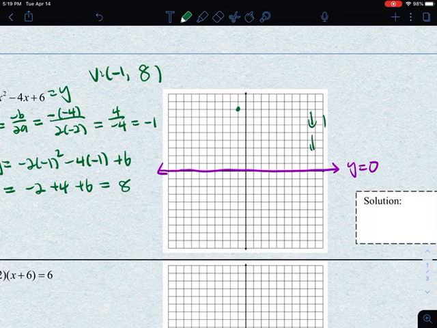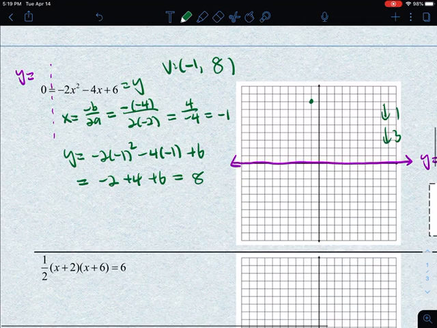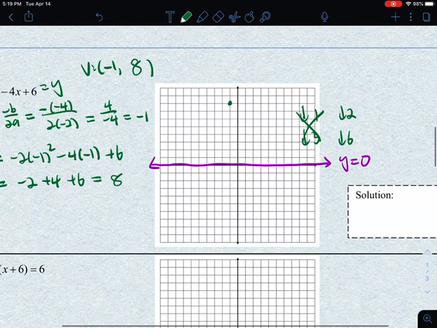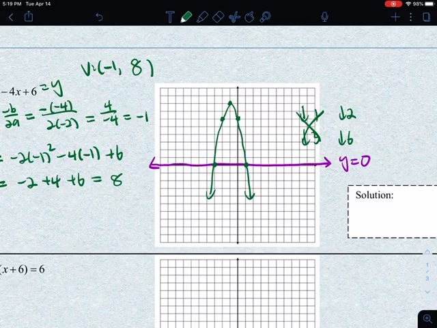Normally I would go down 1 and then down 3. In this case, I have a negative 2 in front, so I'm going to go down, but multiply those values by 2. So I'll go down 2 and then down 6, which is right here and here. And then there is my parabola.